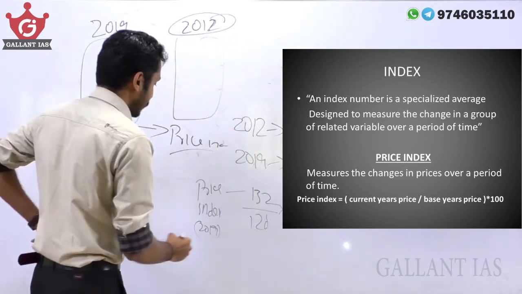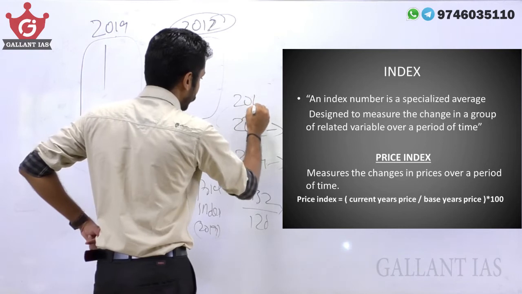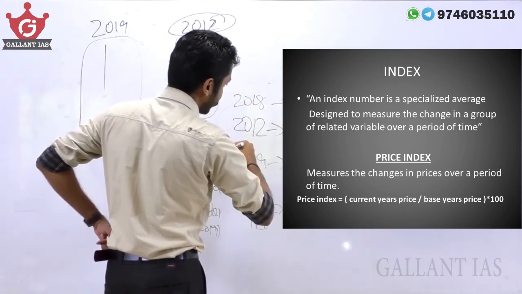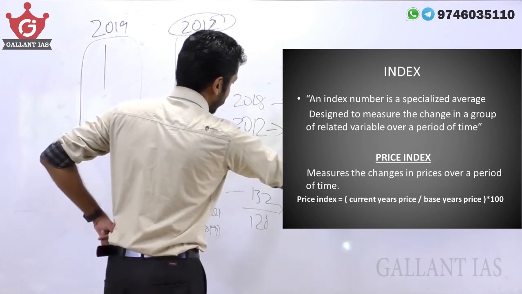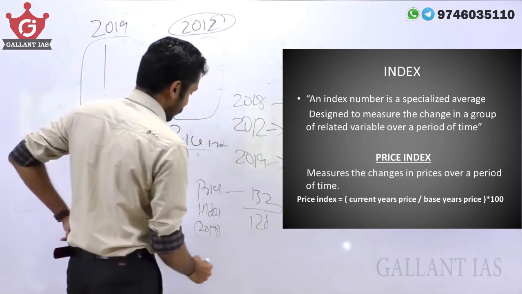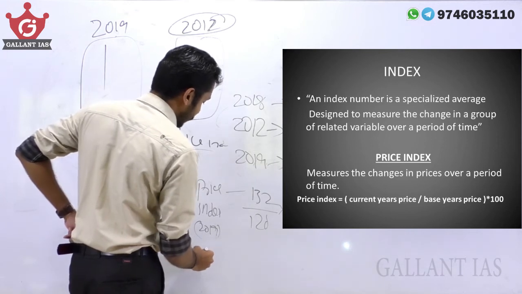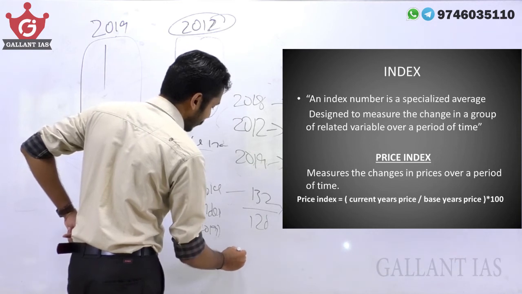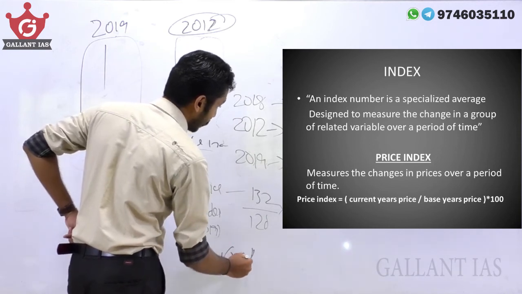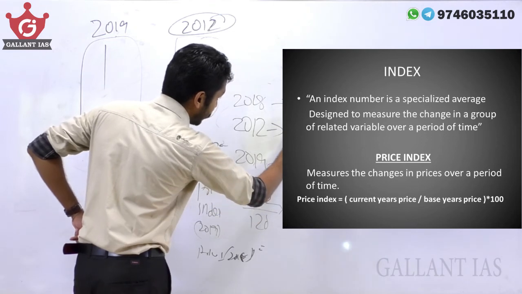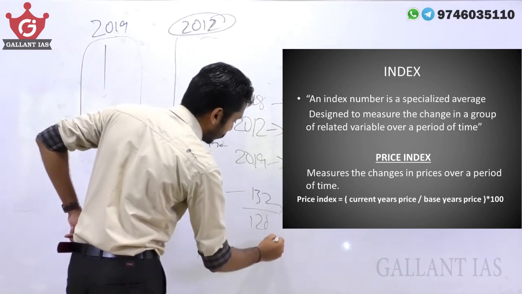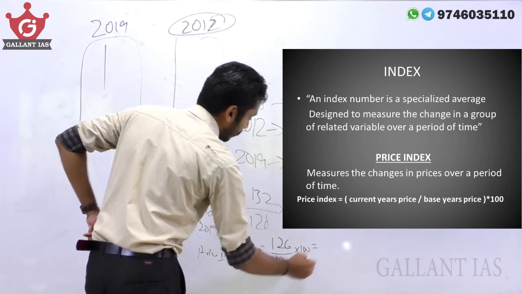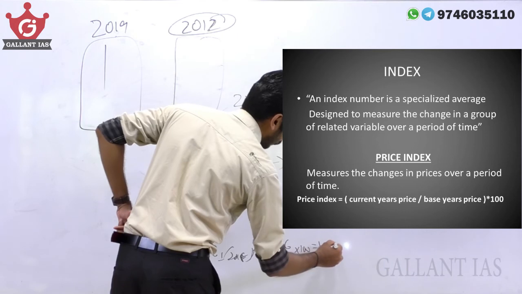And if the average price of 2018 is 126, then the price index of 2018, with the same base year, will be 126 divided by 120 into 100, that is 105.